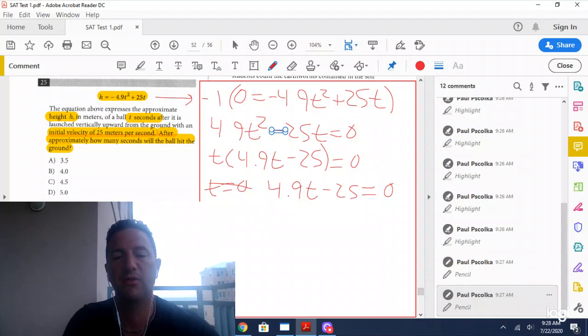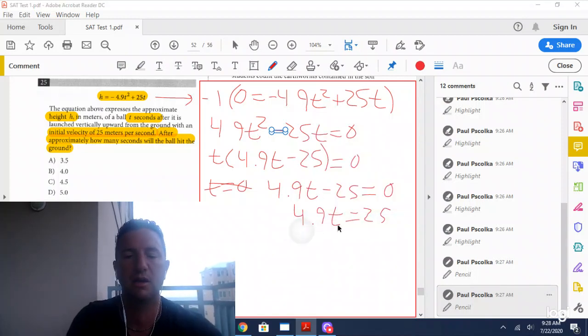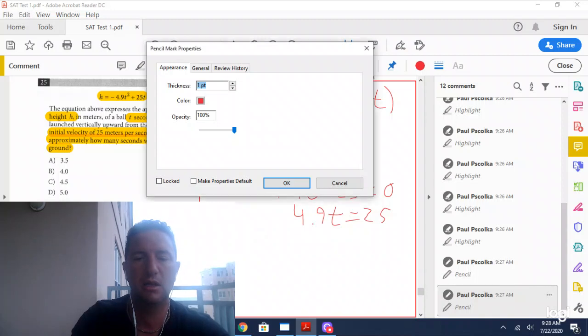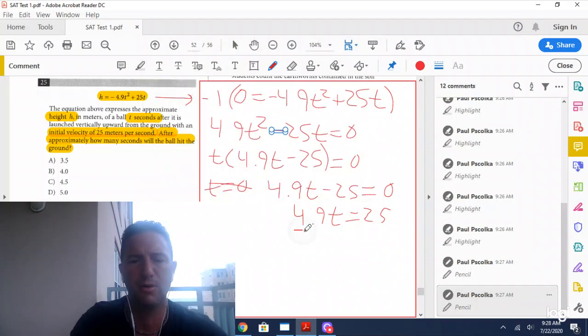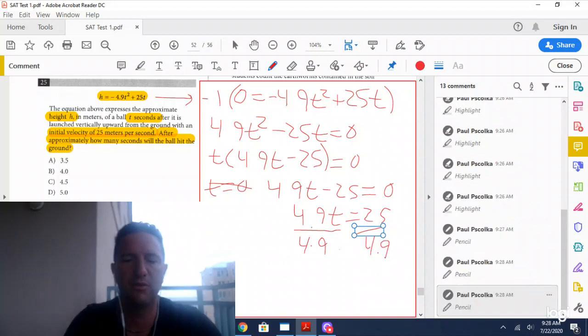If I add 25 to both sides here, I get 4.9t equals 25. And now I've just got to divide both sides by 4.9. And when I do divide both sides by 4.9, I wind up with approximately, about 5.